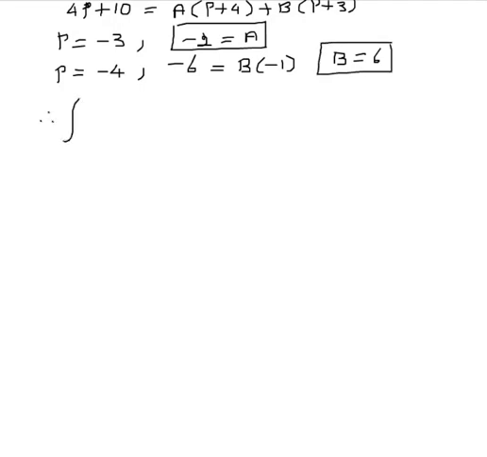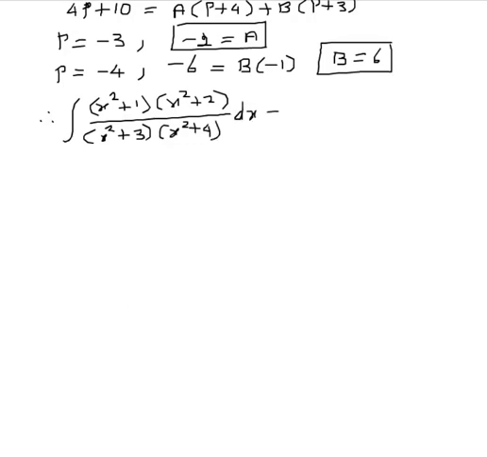Therefore, integral (x square plus 1) times (x square plus 2) divided by (x square plus 3) times (x square plus 4) dx is equal to, don't forget to write that quotient which is 1. We have minus sign.